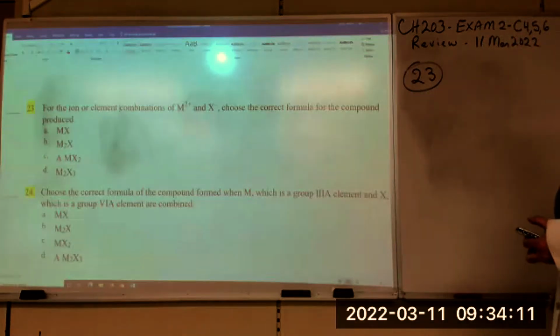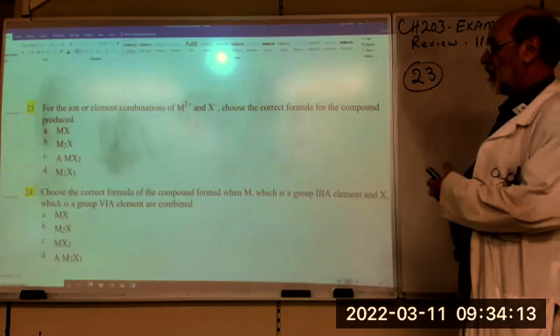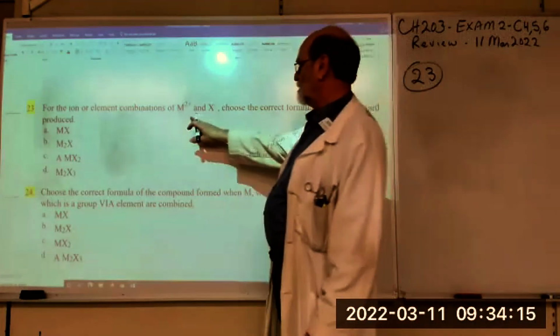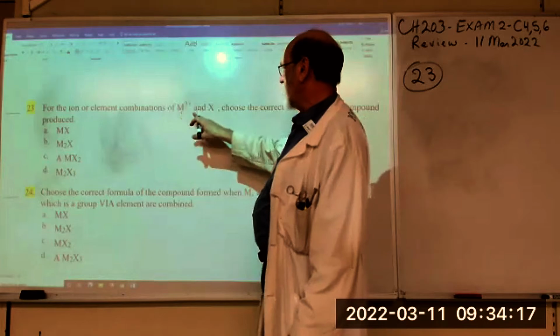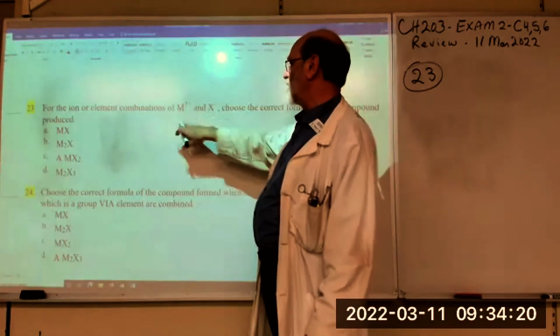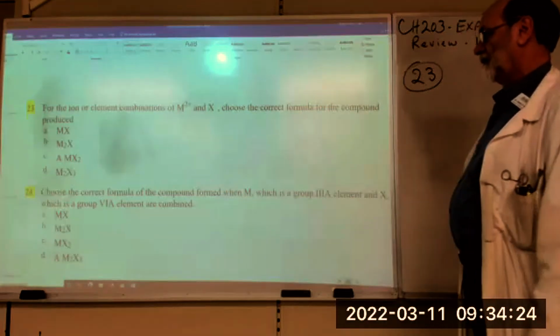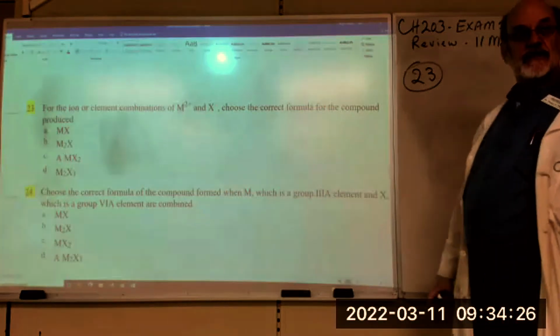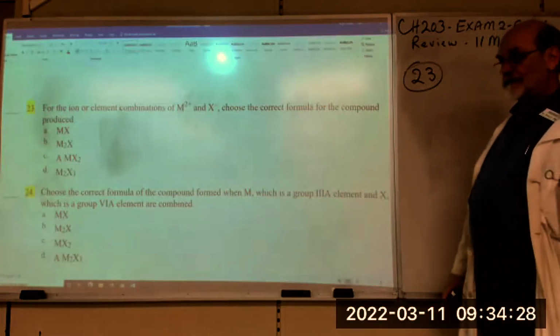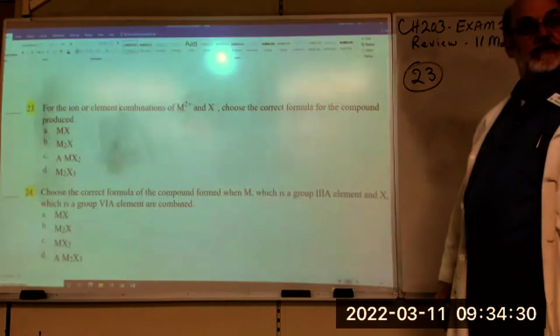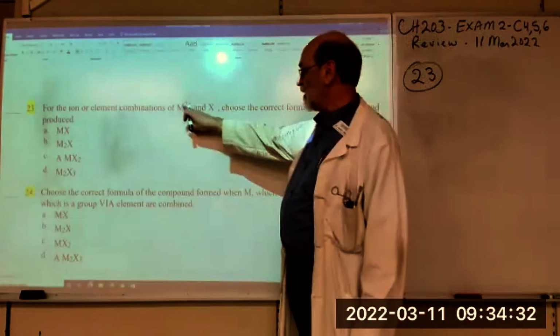For the ion or element combination of M2 plus and X minus, this would be the metal, that would be the non-metal. Choose the correct formula for the compound. You just have to balance the charges, right? So it'd be MX2. Because you need 2 minuses to balance that 2 plus.